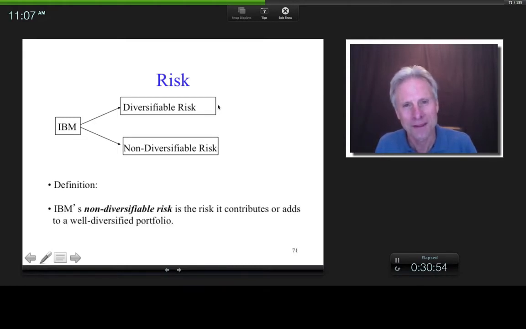IBM's non-diversifiable risk is the amount of risk. It's really important for you to get this down, because we're going to be building on this concept. It's the amount of risk that it adds, or contributes, to a well-diversified portfolio.